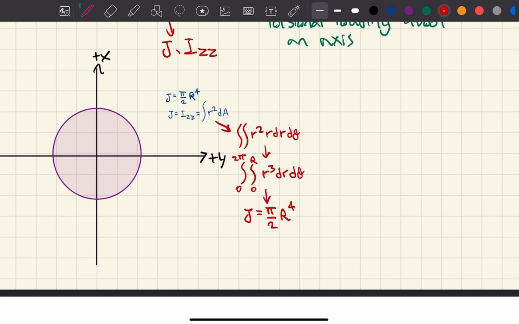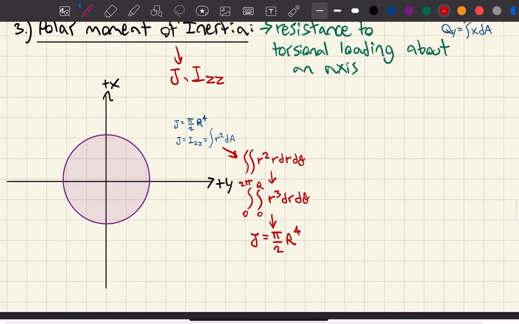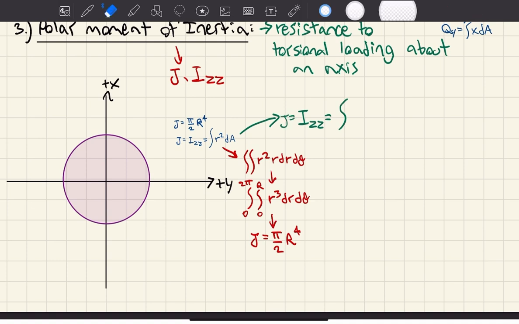But something that's kind of cool is that if I come back here, and this is another definition for the polar moment of inertia, if I come back to this formula and I zoom in on it, I say IZZ is equal to J, remember, and it's equal to the integral of r squared dA, right?